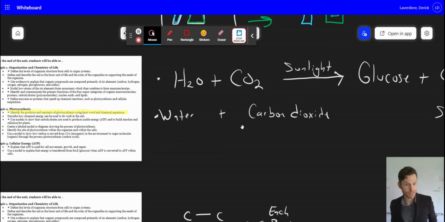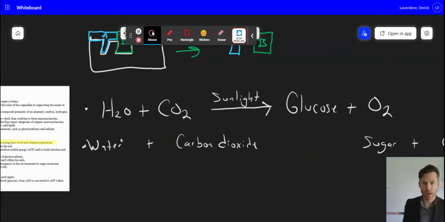Next bullet point asks us to identify the products and reactants of photosynthesis using basic word and chemical equations. Okay? So when we're talking about the products and the reactants, the reactants are the things that are going into the reaction, the products are the things that are coming out. So for photosynthesis, the reactants are water and carbon dioxide.